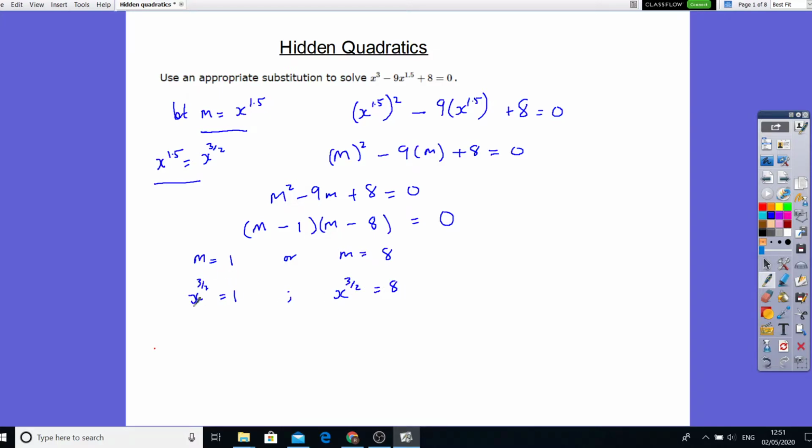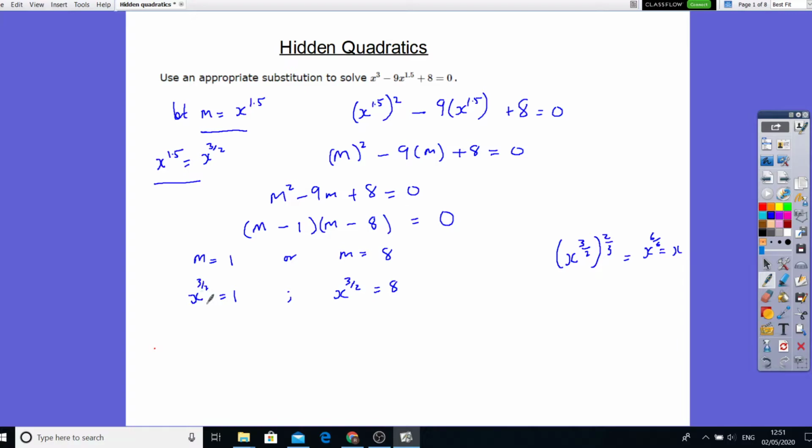Now this 3 over 2 power, if I multiply it by the opposite, which is 2 over 3, will make that power go to 1. Let's double check: if I inverse this by making it the power 2 over 3, 3 times 2 is 6, and 2 times 3 is 6, so you get x to the power 6 over 6, which is just x to the power 1, which is just x.